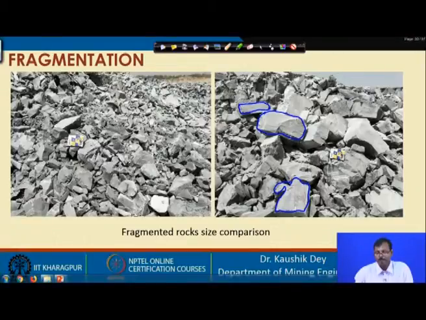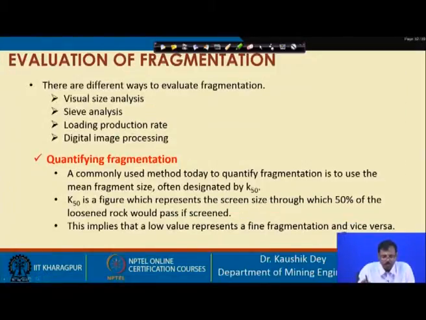So, basically the technique of measuring this is to analyze the size of each and every boulder, so that an average size distribution may be achieved from this. We will discuss this in the next slide also.